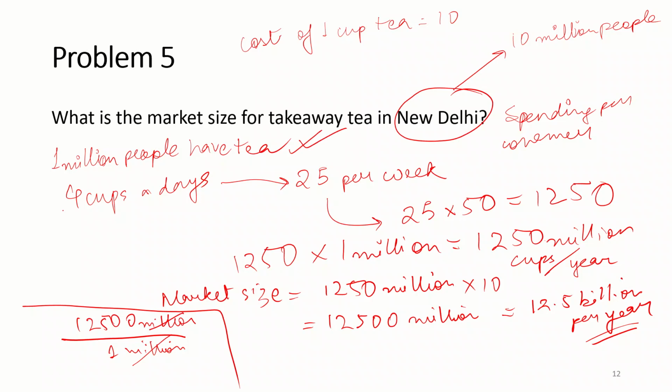So you'll have 12,000 rupees per year spent on tea.